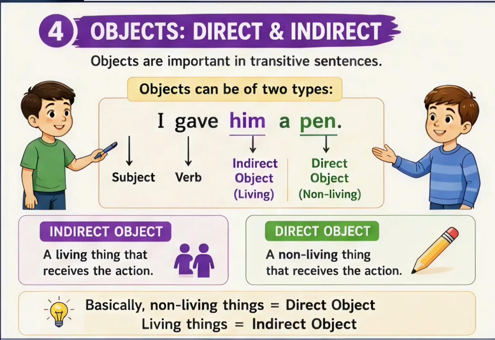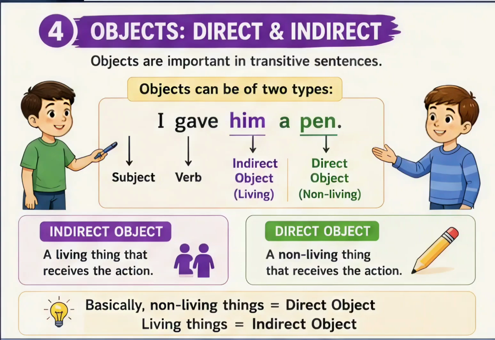So now we have understood that the object plays a very important role in forming transitive sentences, right? But class, you have to understand that the objects of a sentence can be of two types, that is direct object and indirect object. Now what is that? Understand this, class. Suppose there is a sentence, I gave him a pen. So I is my subject, gave is my verb.